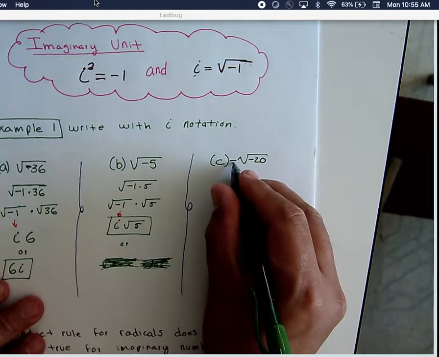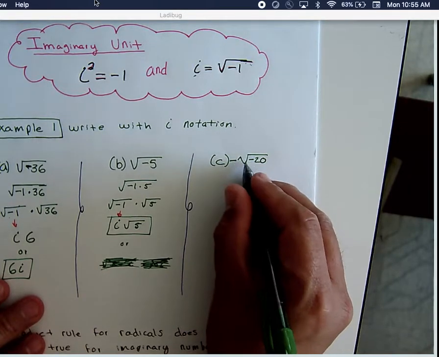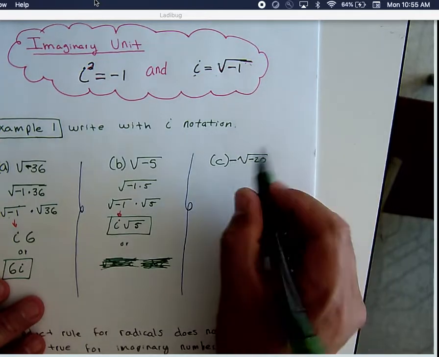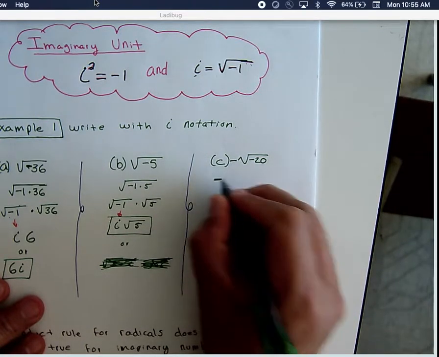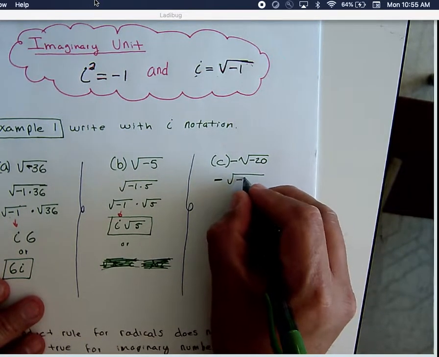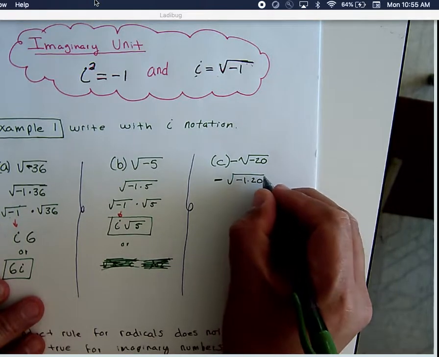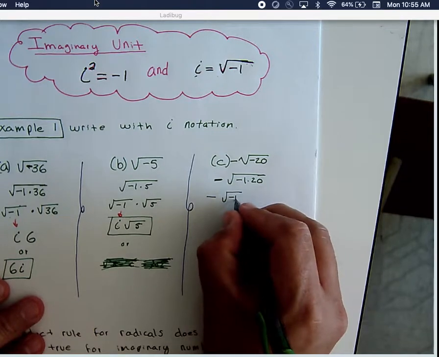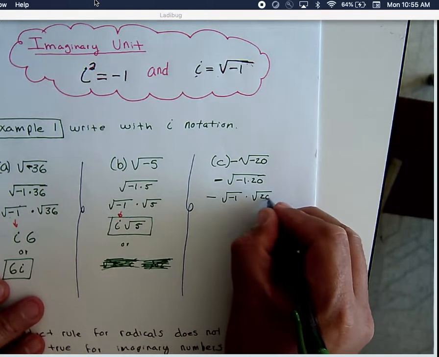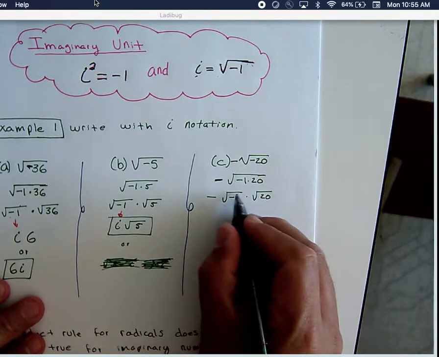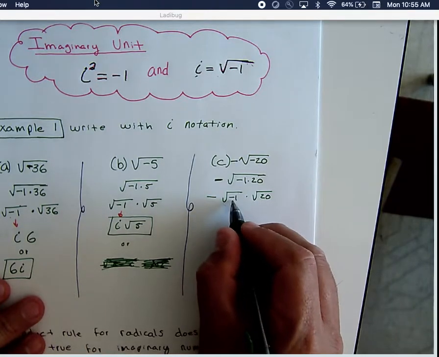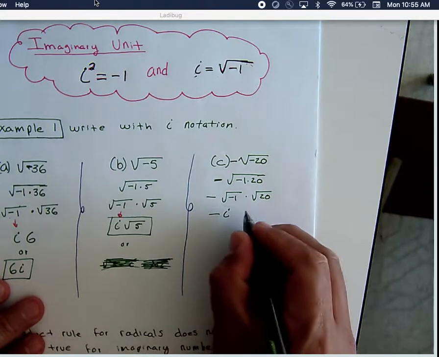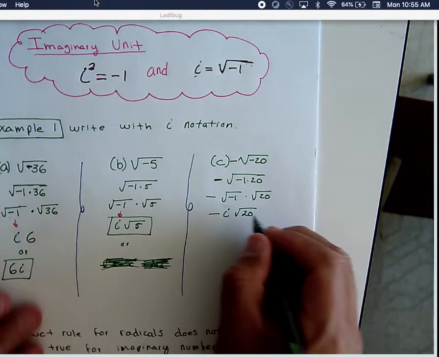So that negative is outside for this one. Again, it's a square root, and then we have a negative, so we're going to have to use this. That negative is outside, and then this one. So we know the square root of -1 would be the i, the imaginary. So we're going to have -i, and then we still have the 20.